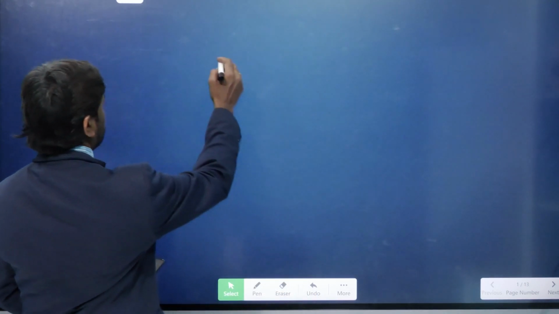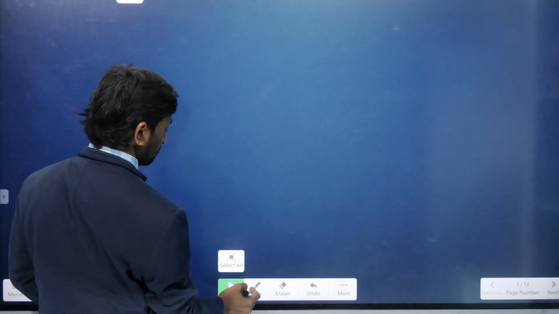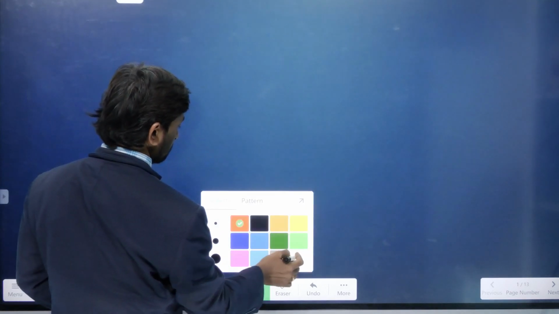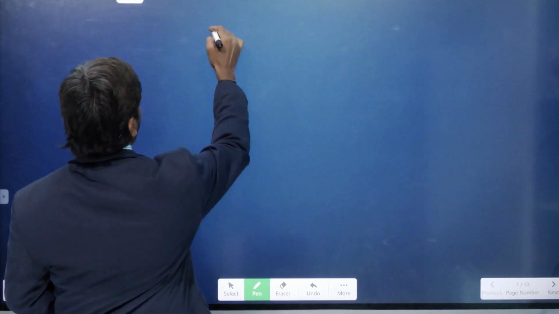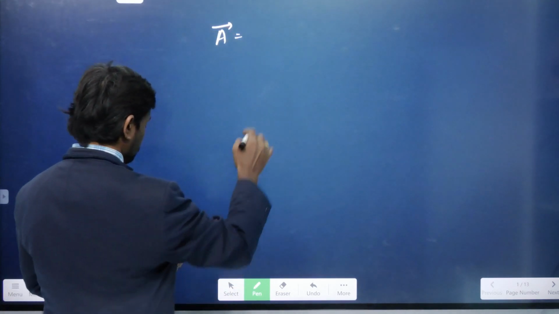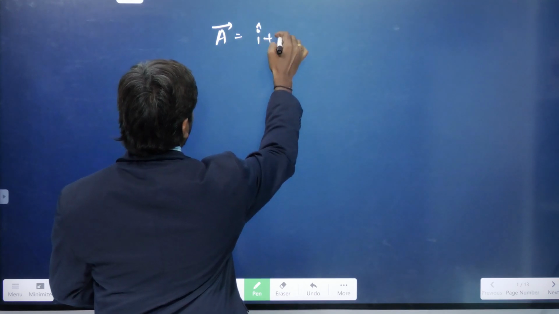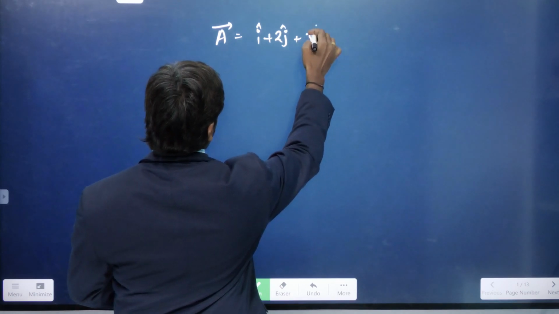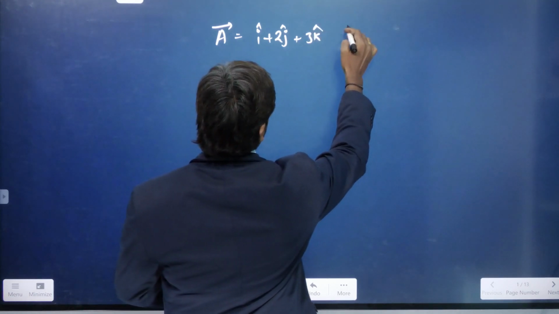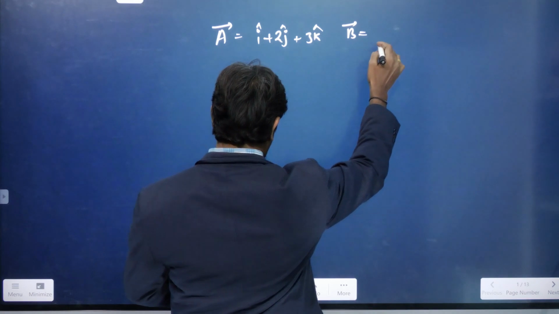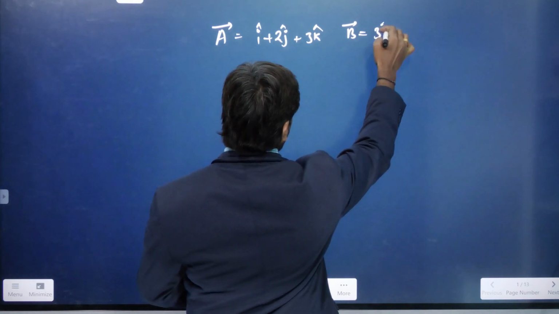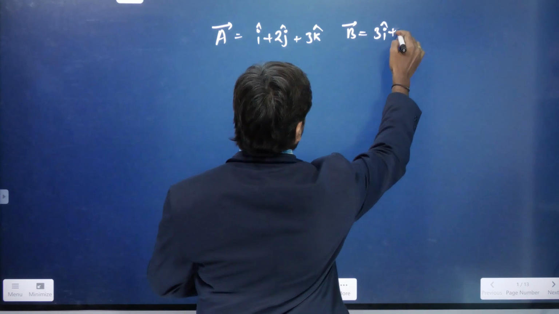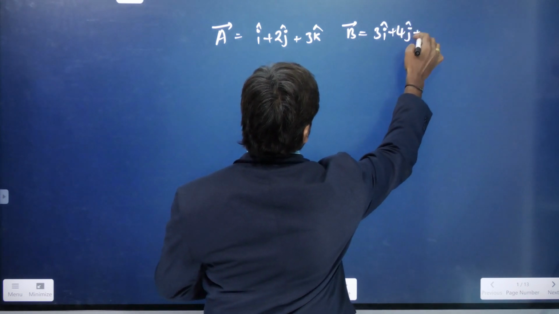In the last topic we have taken the vectors a bar equals I cap plus 2 j cap plus 3 k cap, and b bar equals 3 I cap plus 4 j cap plus 5 k cap.